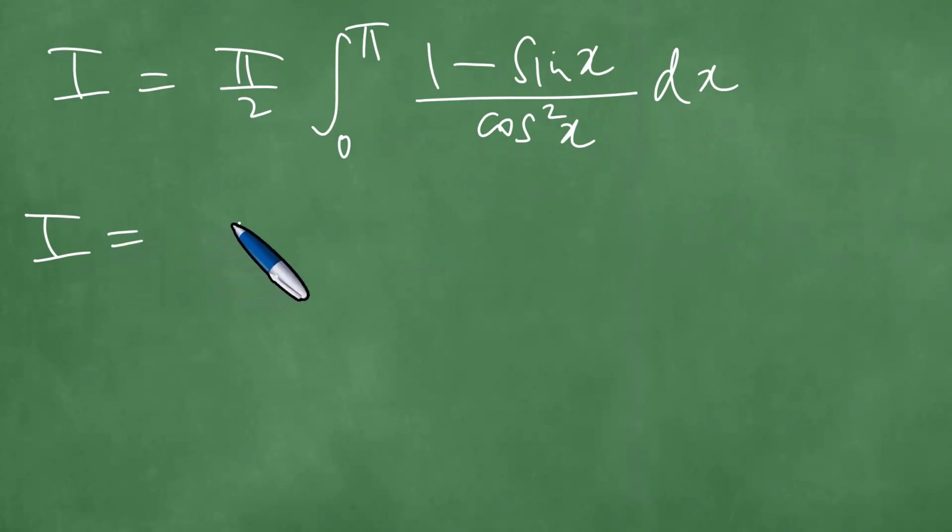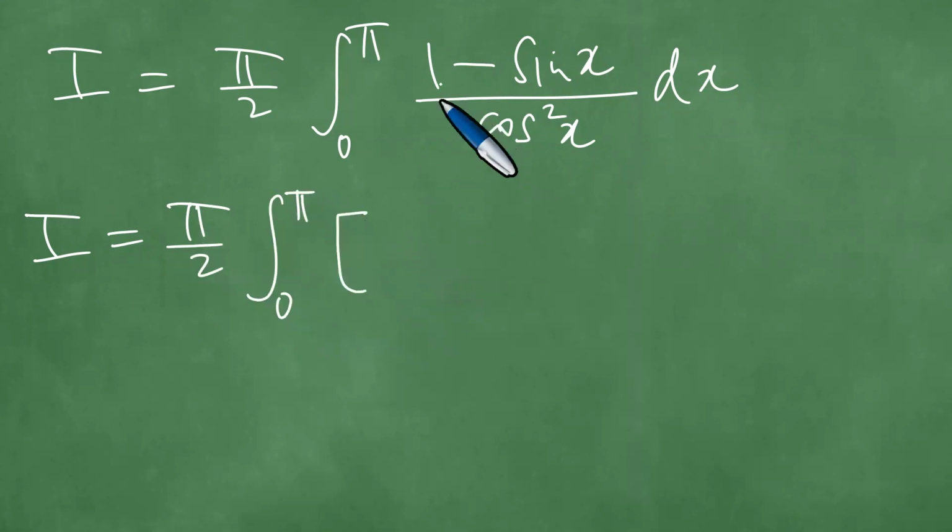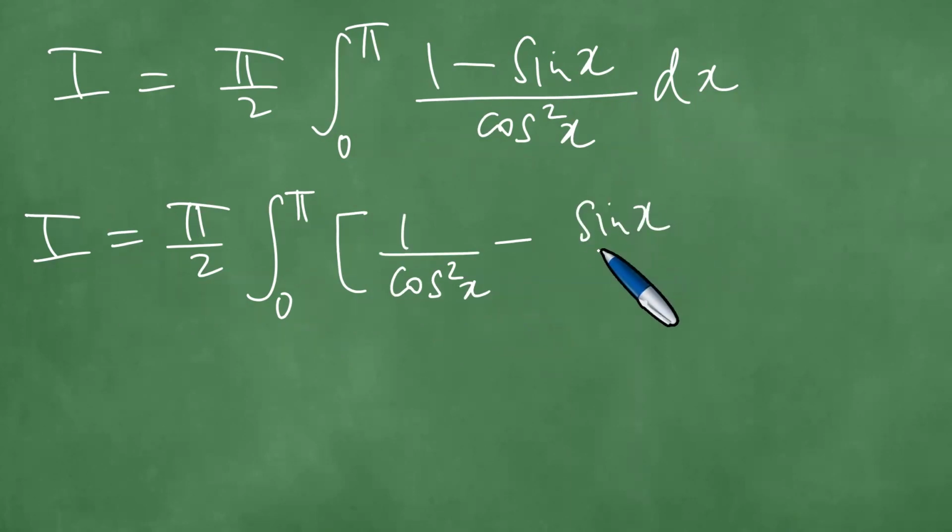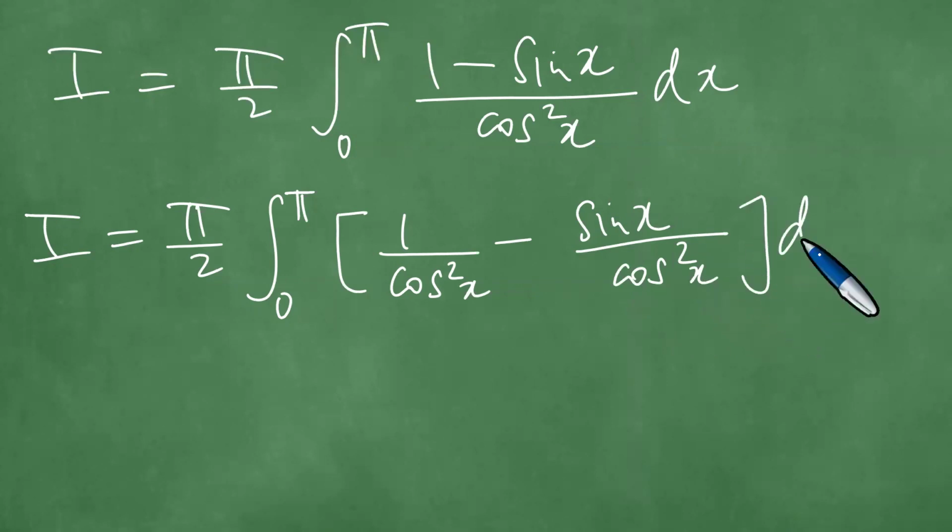And now this is very interesting because we have the integral from 0 to pi. We can write this in the form 1 over cosine squared minus sine x over cosine squared, dx.